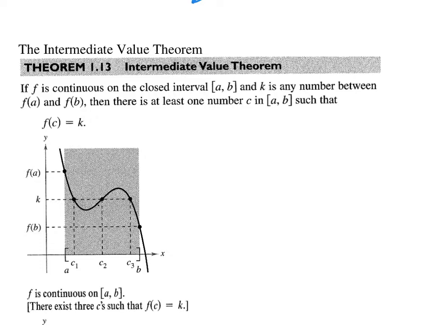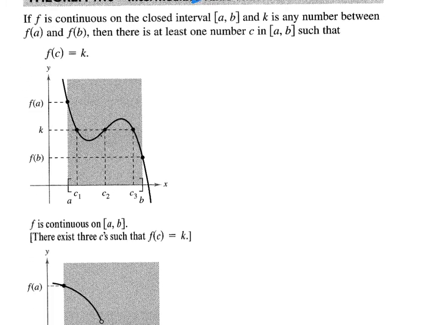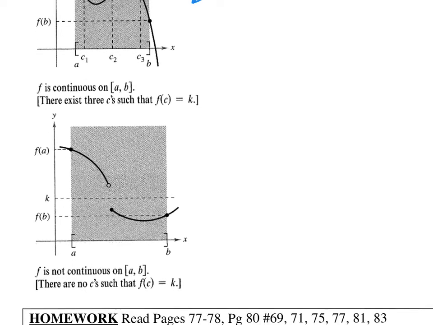It just tells us we're guaranteed to get at least one value of x that will give us that number k. In this case, like we said, there exist 3 c's that give us f of c equal to k.